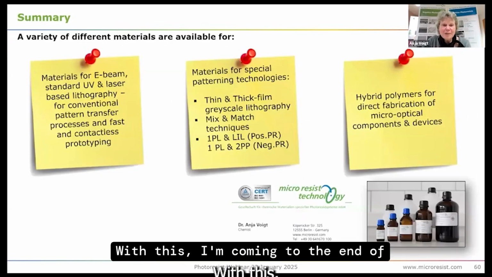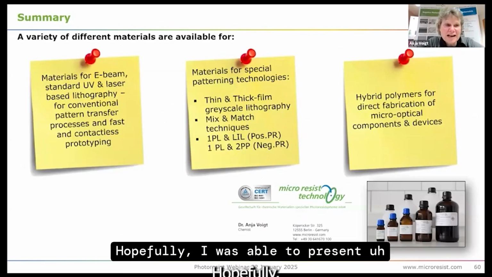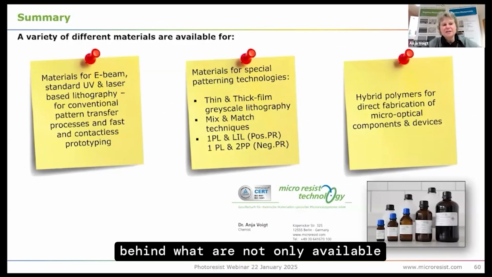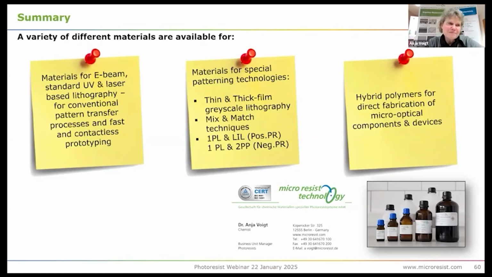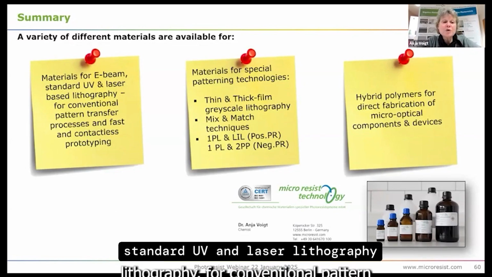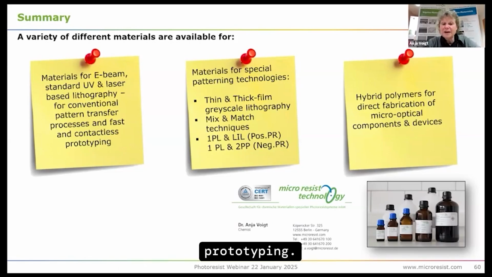With this, I'm coming to the end of my presentation. Hopefully, I was able to present materials, as well as the chemistry behind, that are available not only from MRT but also from others, for E-beam, standard UV and laser lithography, for conventional pattern transfer processes, and fast and contact prototyping.